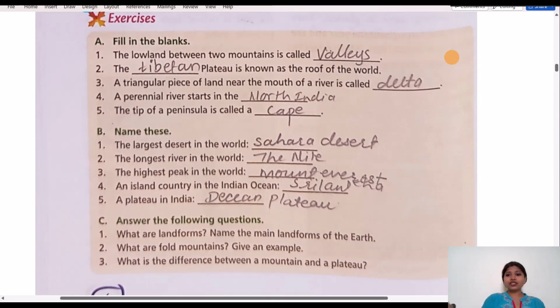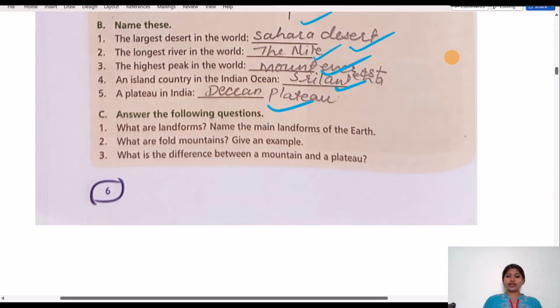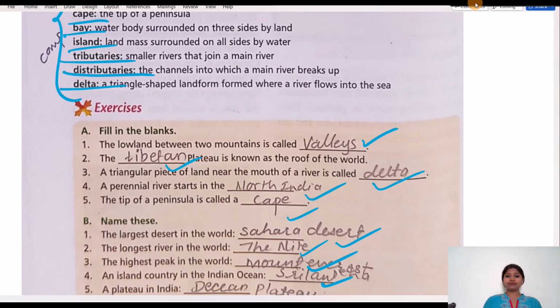Then filling the blanks. So first answer है valley, तिब्बतन है, delta है, north India है, cape है, फिर the largest desert of the world Sahara, then longest river नील है, देन हाईएस्ट पीक क्या है, तो माउंट एवरेस्ट है, आइलैंड कंट्री इन द इंडियन ओशन तो श्रीलंका है, देन प्लेट्यू इन इंडिया, सो डेक्कन प्लेट्यू है, ओके। तो ये सब एंड क्वेश्चन आंसर वी ऑलरेडी रिटन इन बुक.